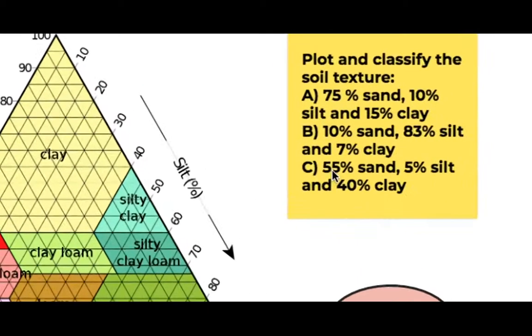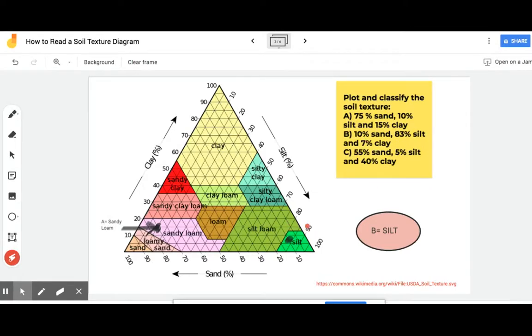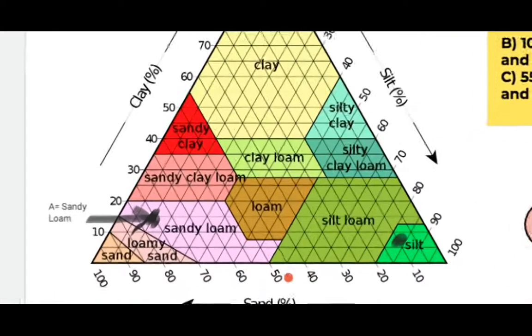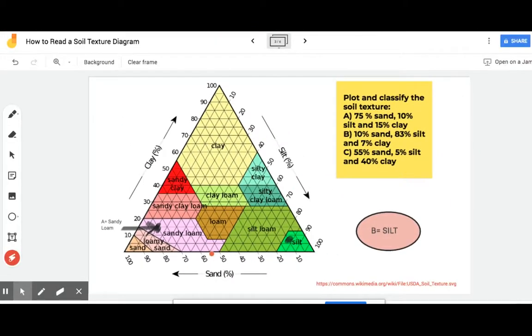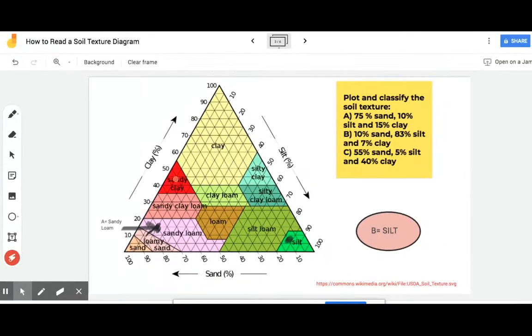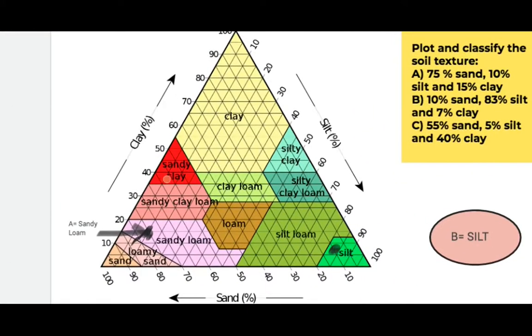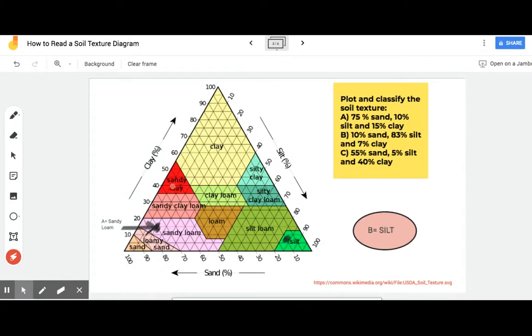Now the last one: 55% sand, 5% silt, and 40% clay. I'll use my laser pointer. So you have 55% sand, 0, 40, 50. So 55 is somewhere here. And then 5% silt. So I will go farther. 5% is in between 0 and 10. So if that is 60 and that is 55, and 40% clay.